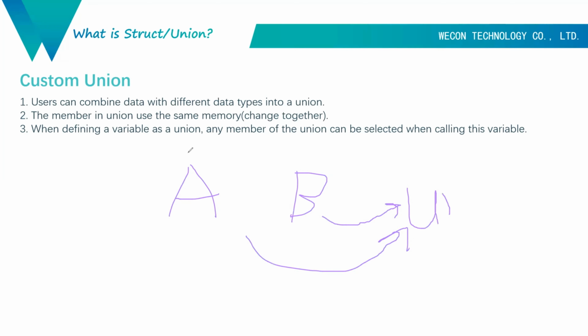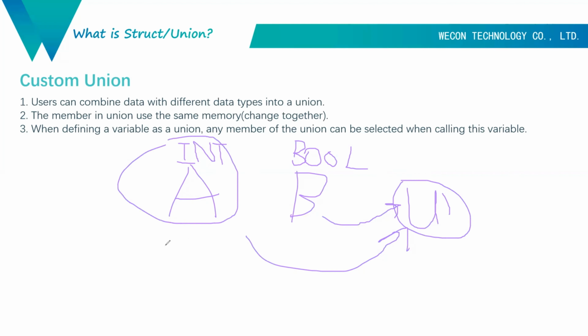Okay, and we defined A as this data type, int, and we defined B as bool. A and B are in the same union, and these are their types. So at this time, if we change A to 1, this bool B will turn on.